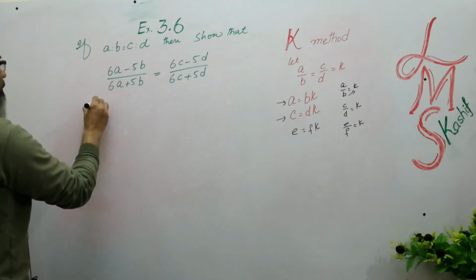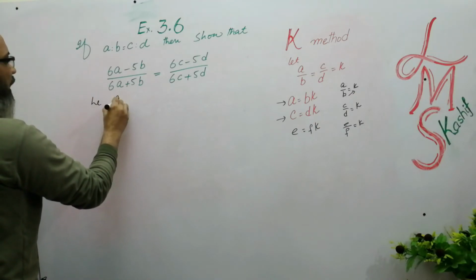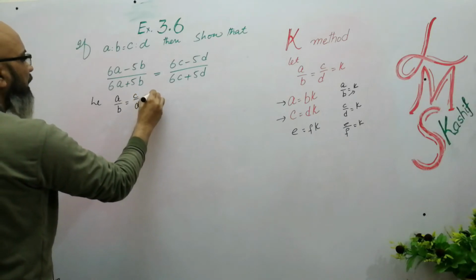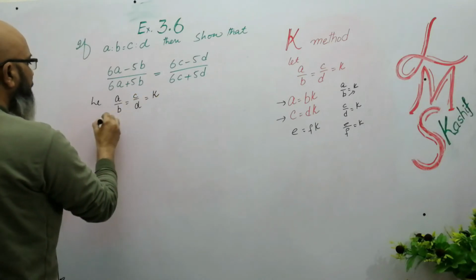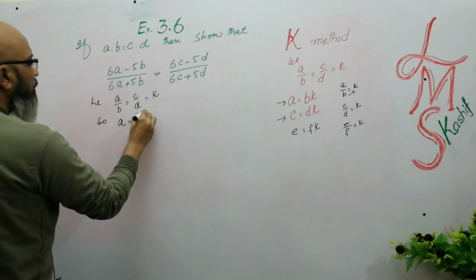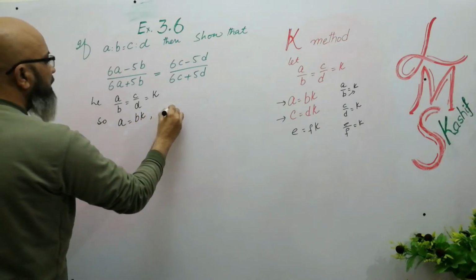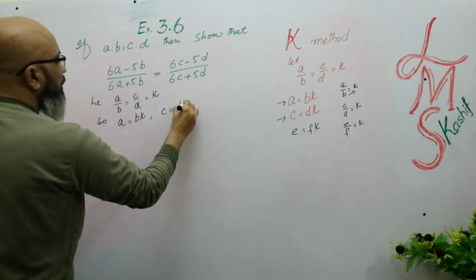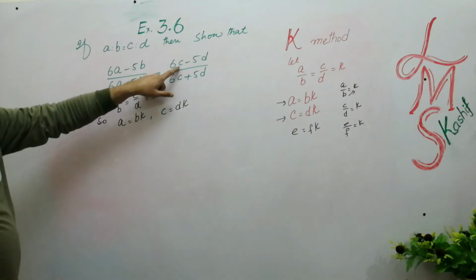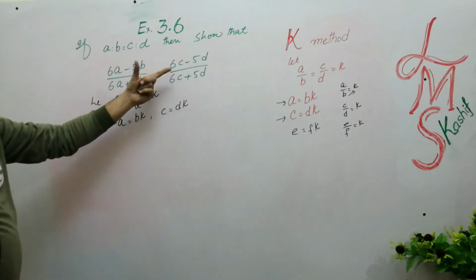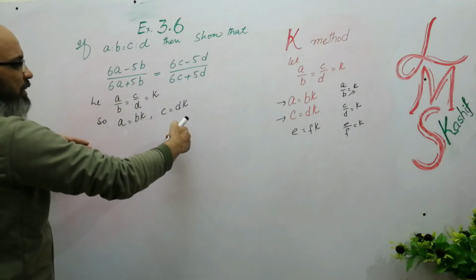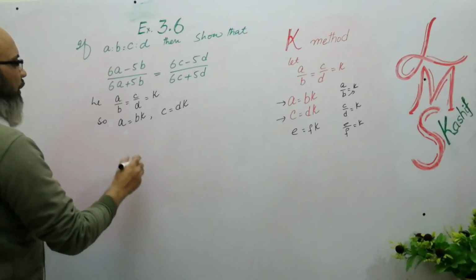So again I write, let A over B is equal to C over D is equal to K. So A is equal to BK and C is equal to DK. Now replace A with BK and C with DK and solve this equation. We will do both the left hand side and right hand side in parallel.